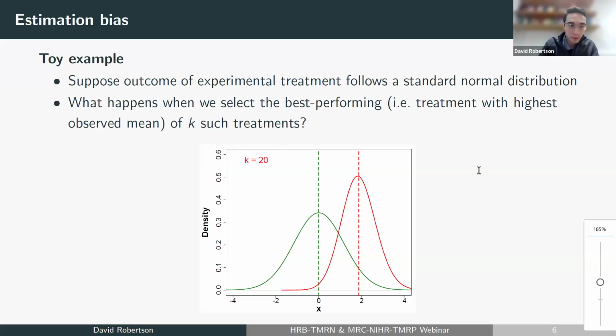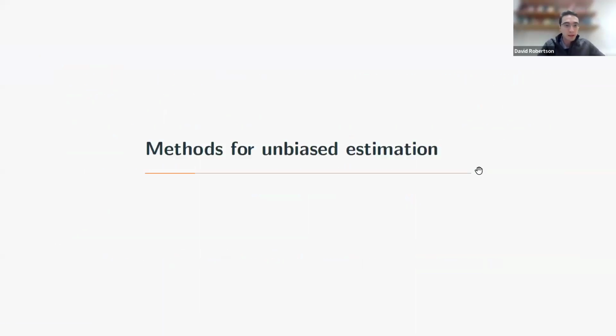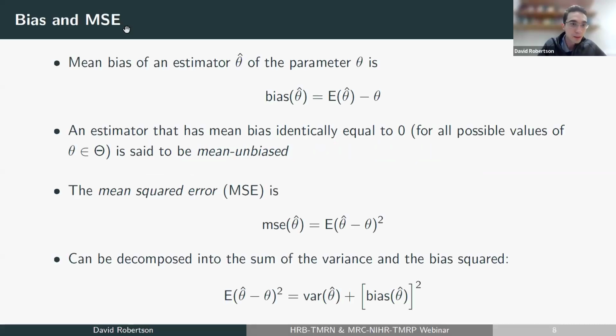Okay, so we'll now move on to thinking about different methods which have been proposed to correct for these biases when it comes to estimation after adaptive designs. So just a few basic definitions. Typically when we talk about bias in the statistical sense, we're talking about the mean bias.